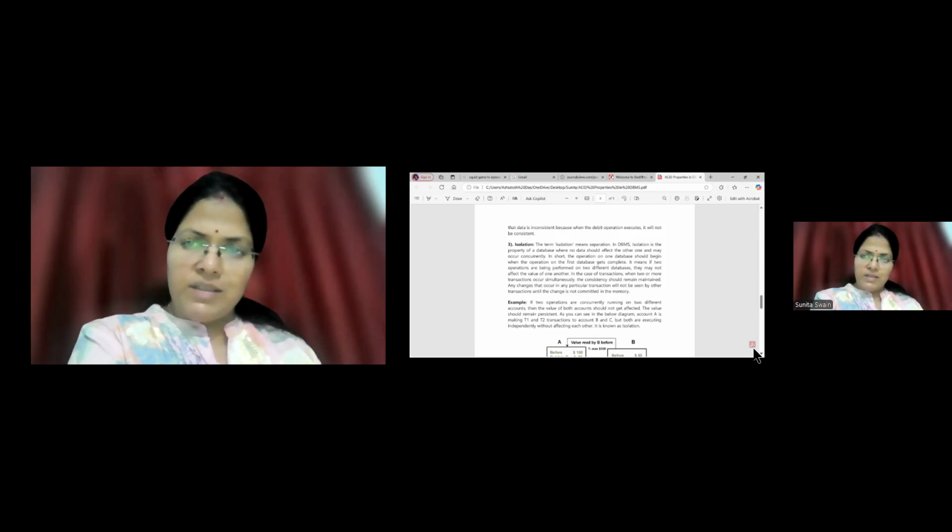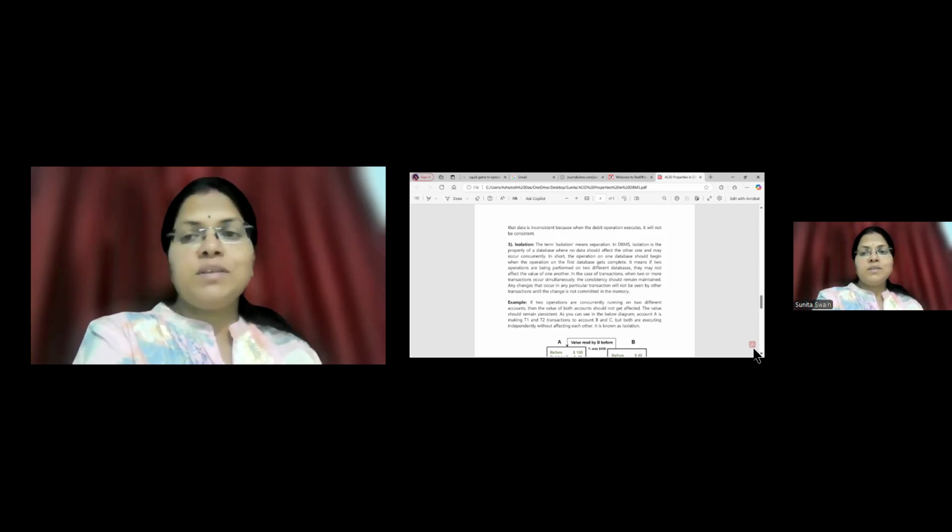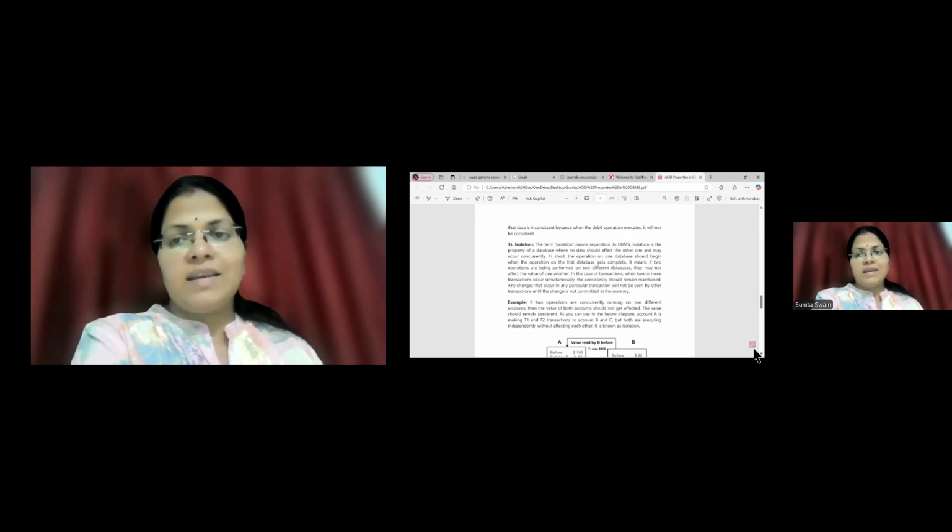Sometimes concurrent operations are going on in the database, but still all types of transactions should be isolated. In short, the operation on one database should begin when the operation on the first database gets complete. It means if two operations are being performed on two different databases, they should not affect the value of one another.